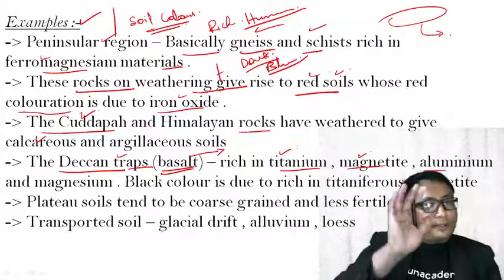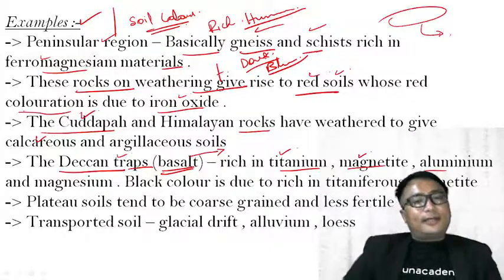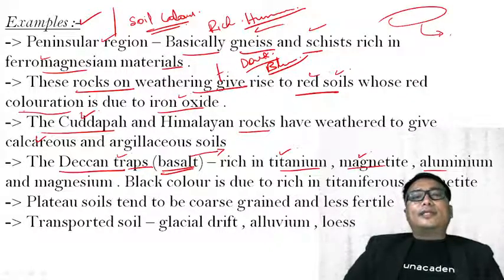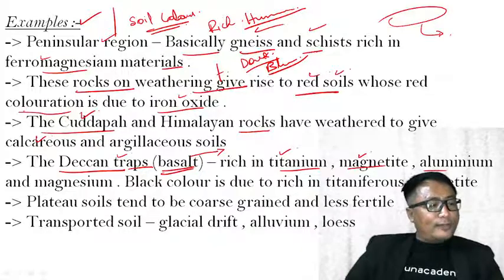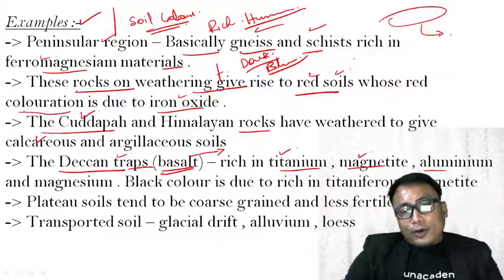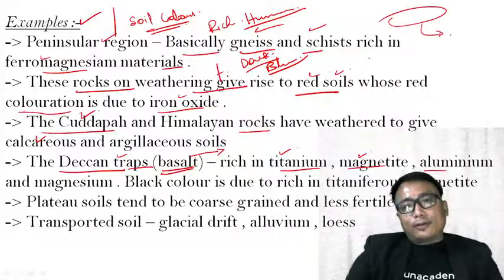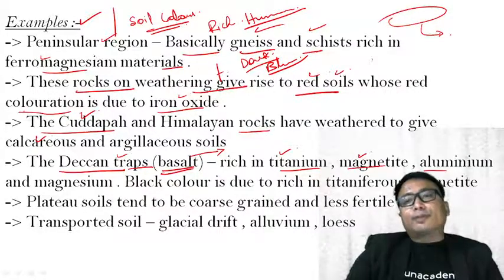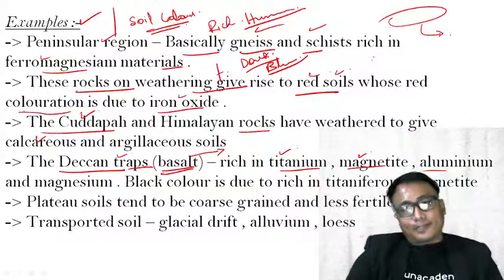If it is light color, then the humus content is less. That we have seen yesterday. But you see here, not all black color of the soil is necessarily because of the presence of humus. There are some black color soils which are not because of the presence of humus, but because of some other reason.